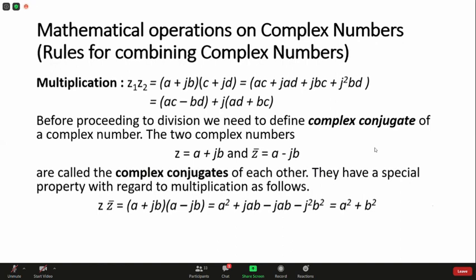Once you multiply the complex number by its conjugate, you get a real number. No complex part involved here, because if you multiply Z and Z bar, you get A squared plus B squared. Remember this result, because frequently you have to use it. If you get a complex number in this form, A plus JB, A minus JB, straight away write the answer. What is the answer? A squared plus B squared. That's all.